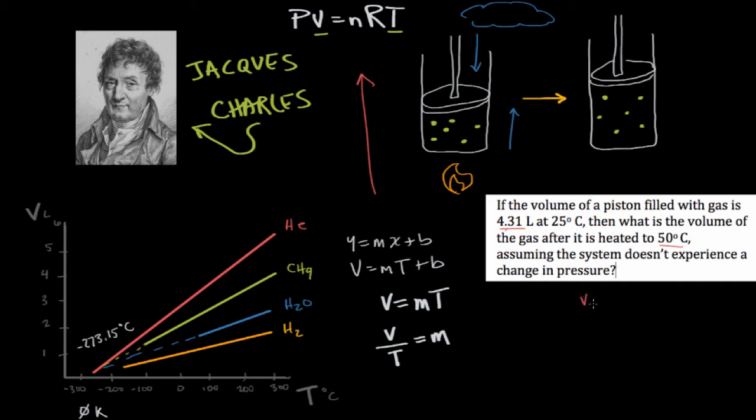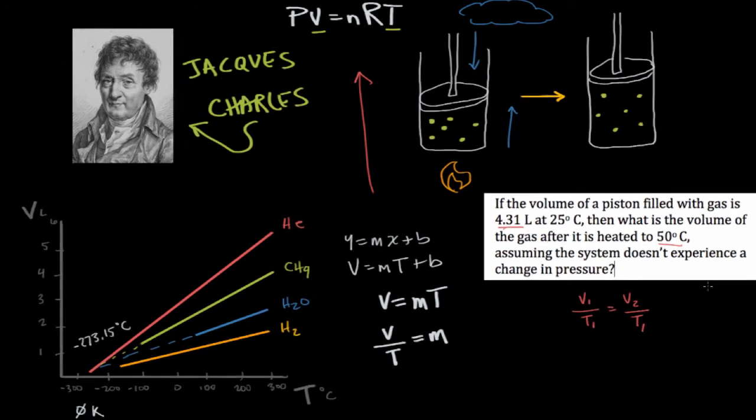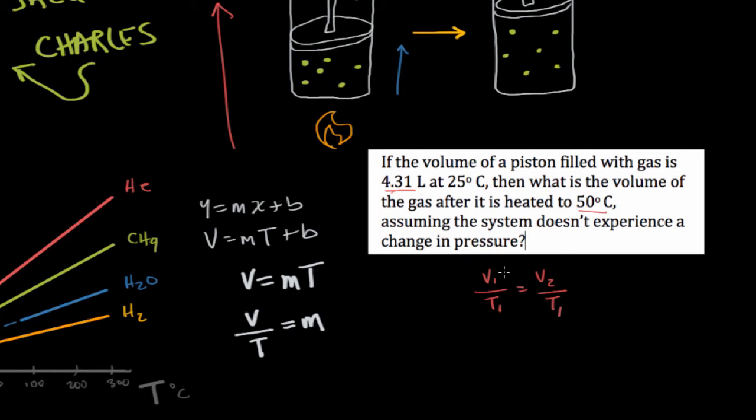So we need to start with V1 over T1 is equal to V2 over T2. And again, we're just saying that the initial quotient of the volume and temperature is equal to the final quotient of the volume and temperature because volume divided by temperature is constant. So our initial volume is 4.31 liters, and our initial temperature is 25 degrees Celsius.